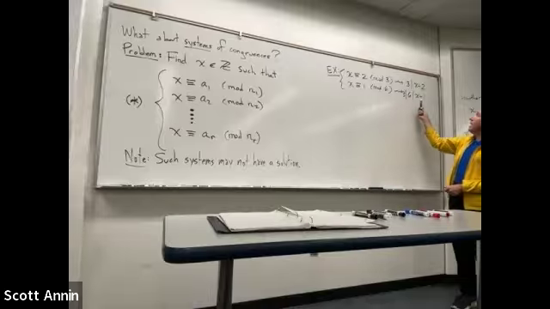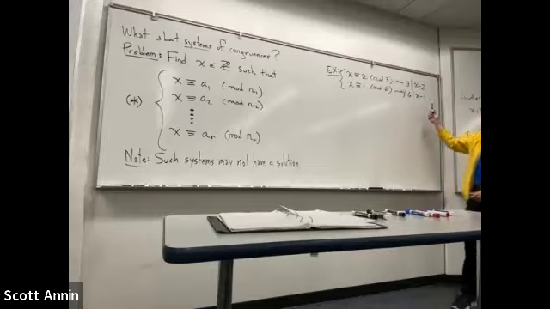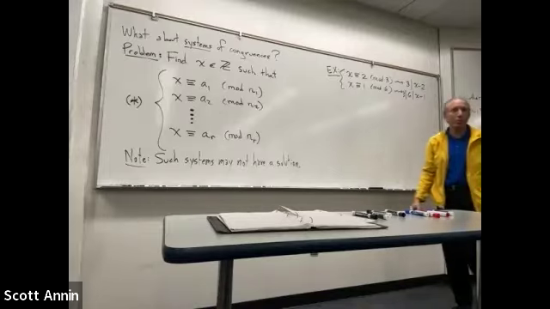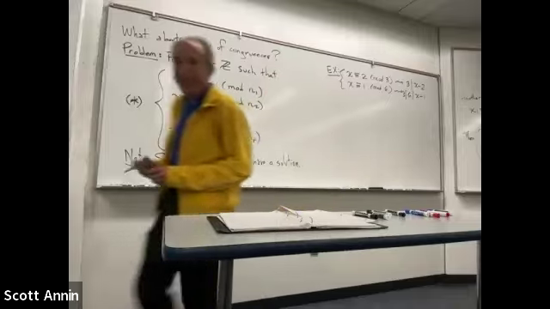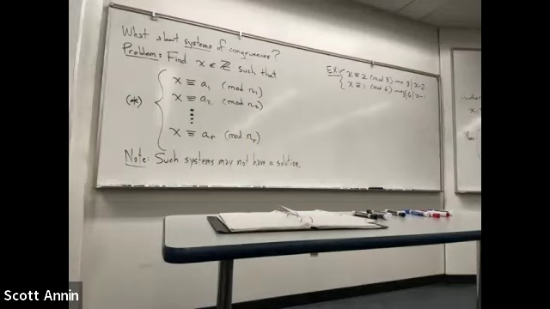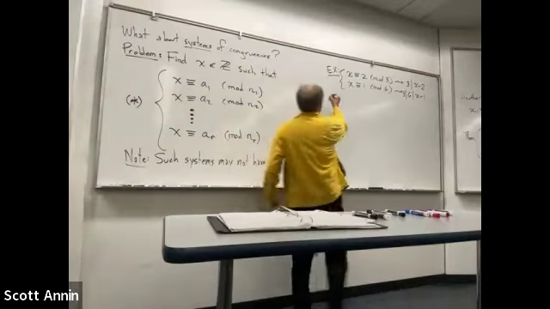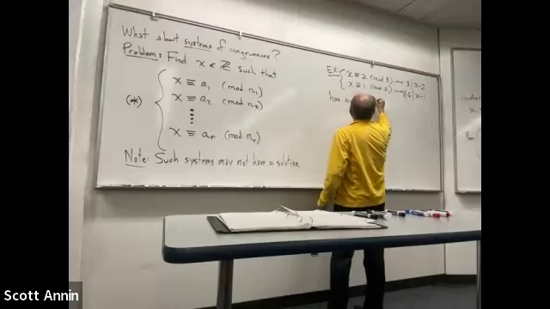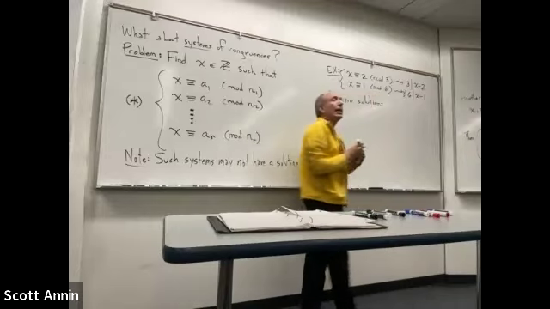So now you're telling me that x minus 1 and x minus 2 both have to be multiples of 3. That doesn't sound too good, right? Two consecutive integers are not going to be multiples of 3. So this has no solutions.